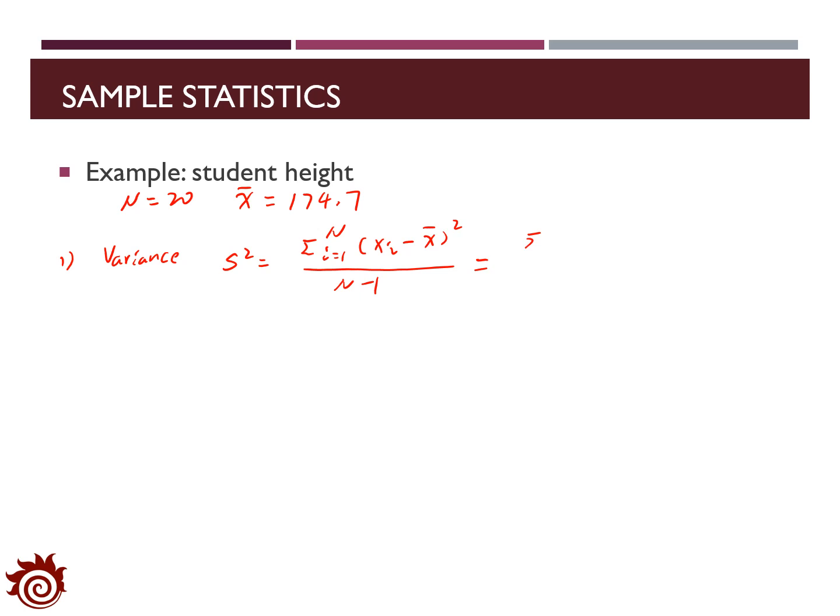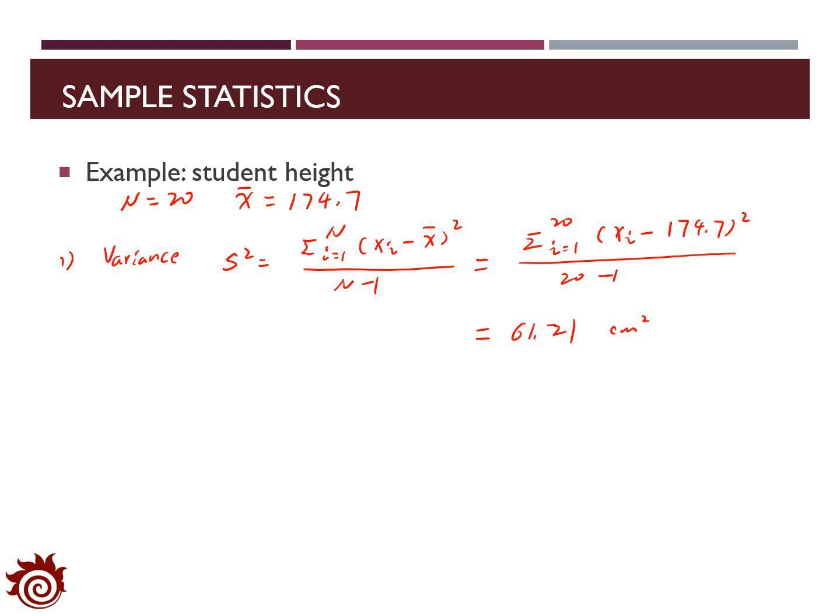In this example, we have capital N is 20, (xi minus the average 174.7) squared over 20 minus 1. And then you apply all the values in the table for xi, you will find out the variance as 61.21 centimeters squared.